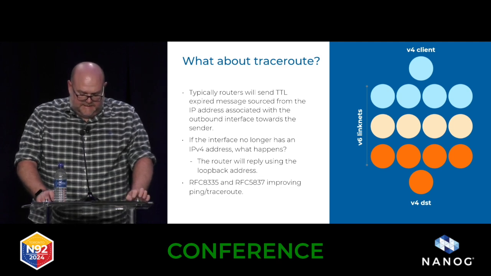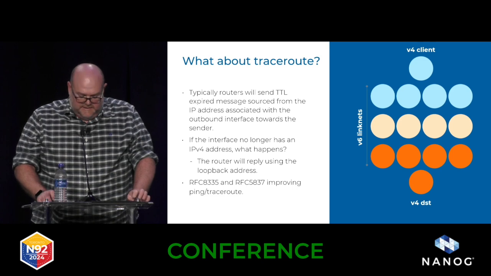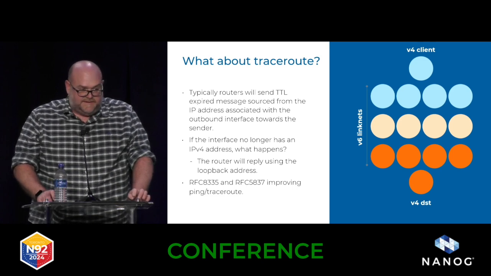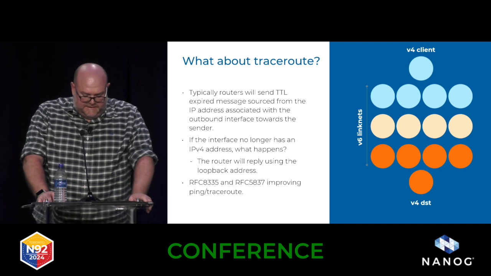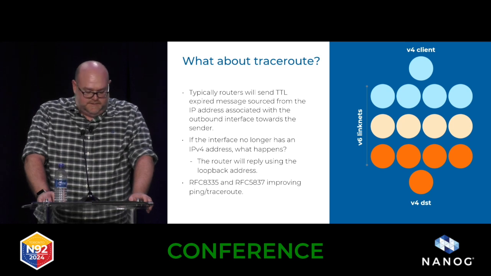One is RFC 8335, which is a utility for probing interfaces. Another is RFC 5837, extending ICMP for interface and next hop identification. We worked with our vendors to try and get these implemented in code. At the time of writing these slides, it was not there.